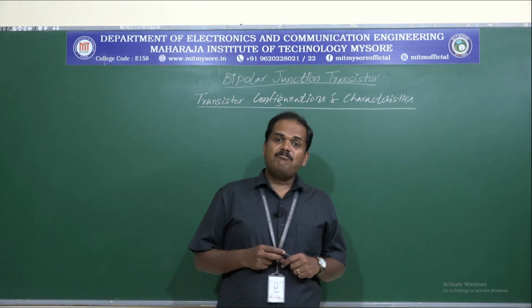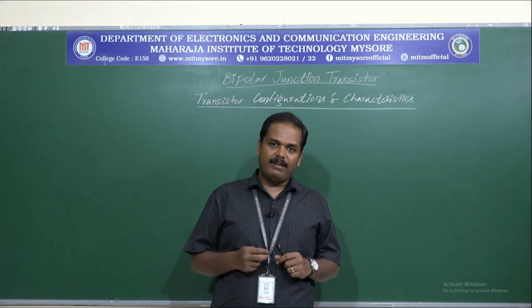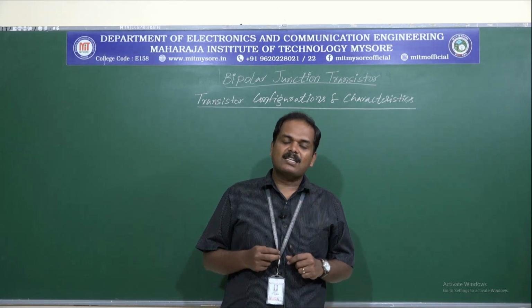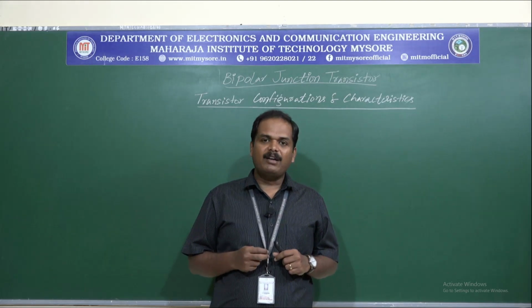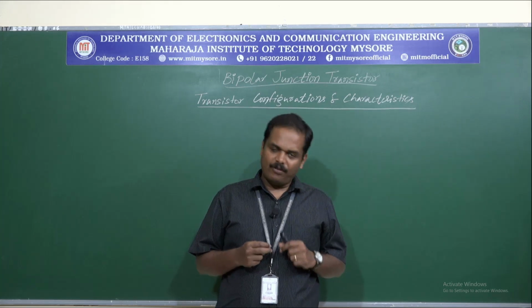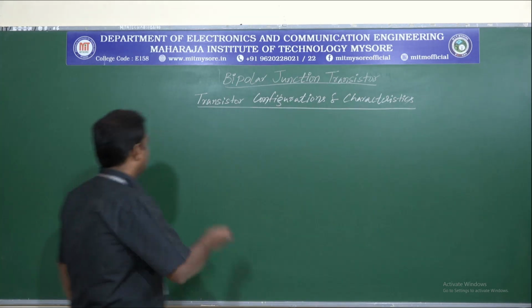Basically, a BJT can be connected in three different ways, and we call these common base, common emitter and common collector configuration. Let me list this out.